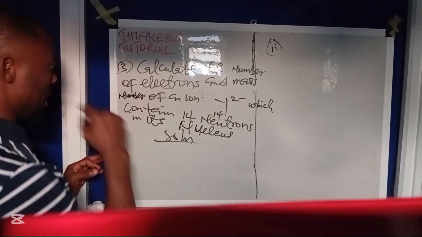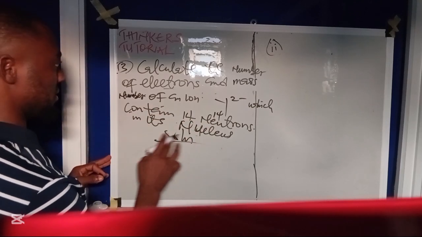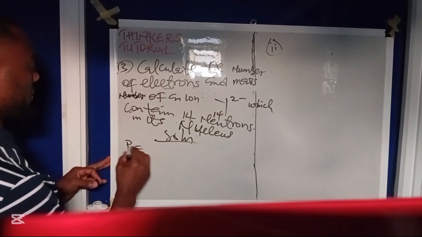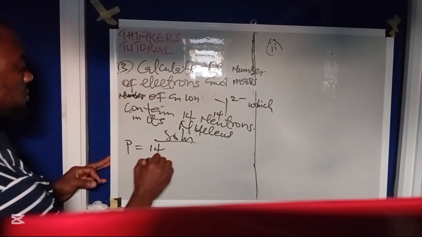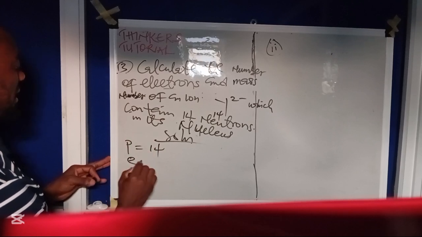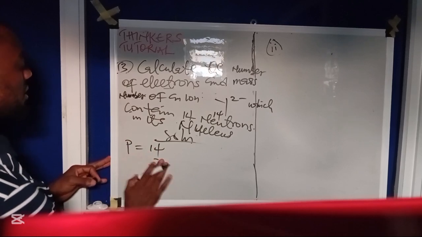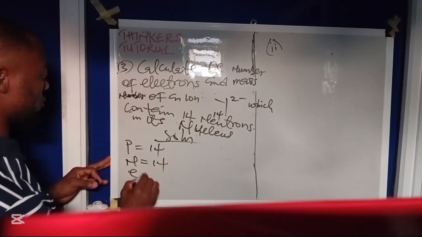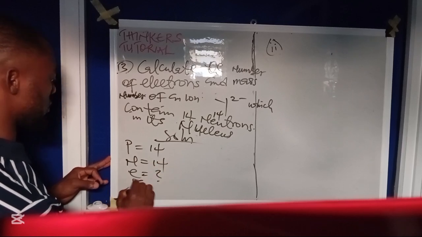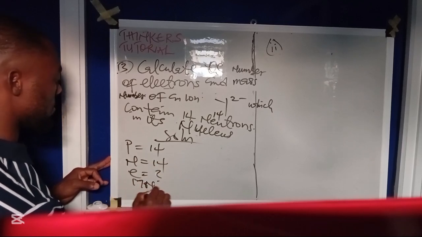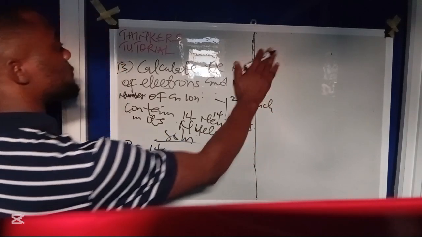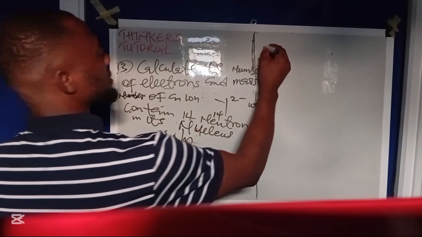From here, the proton number, atomic number P is equal to 14. They say we should find the electron. Electron is unknown. Another thing they give to us is the neutron N, which is also 14. Then the mass number Mn is also unknown.